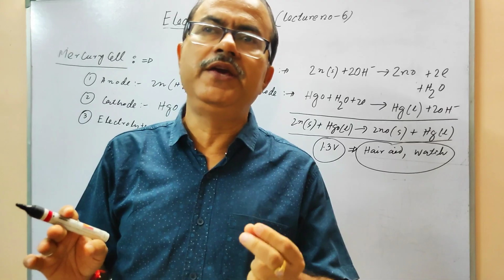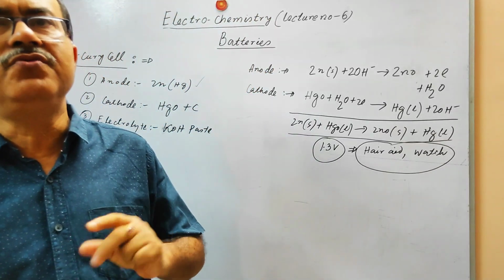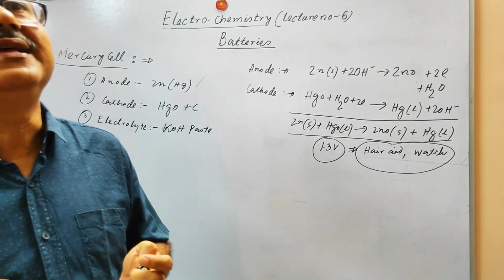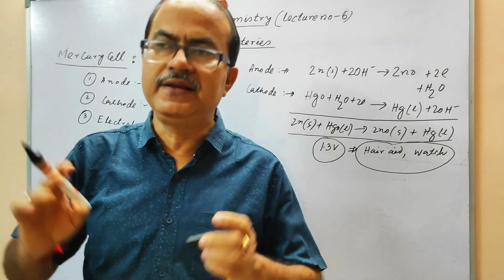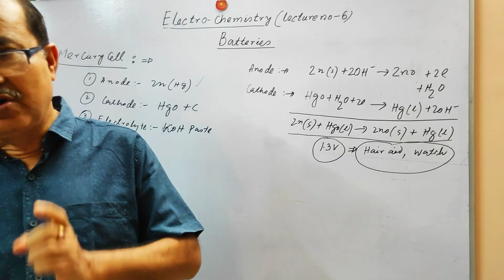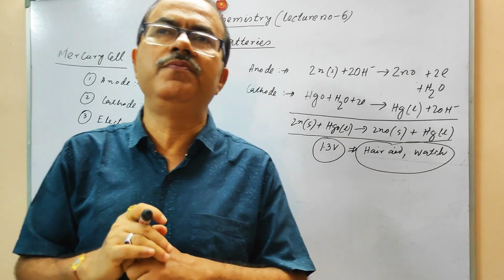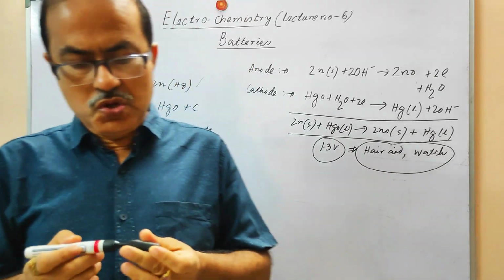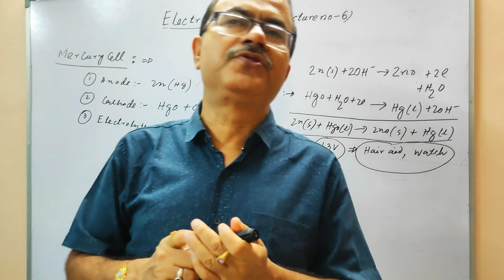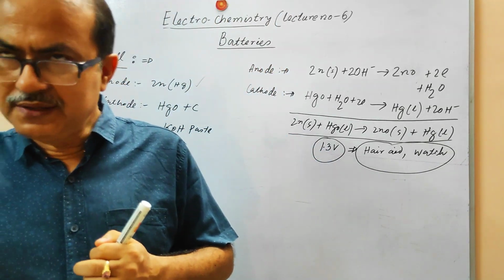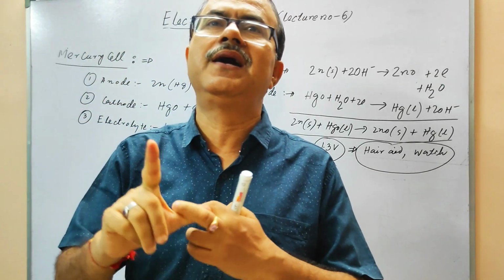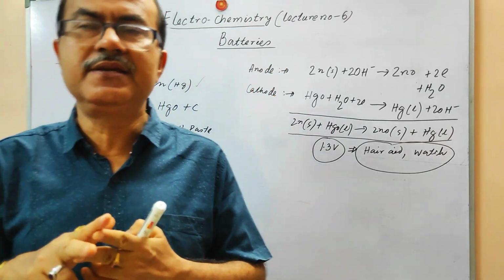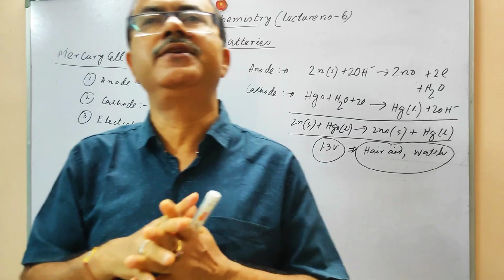Every ion is produced in the dry state, so there is a lesser probability of damaging the cell, and the voltage will be very consistent throughout its life period. So we have discussed two cells: first the dry cell, and second the mercury cell with its application and the reaction.